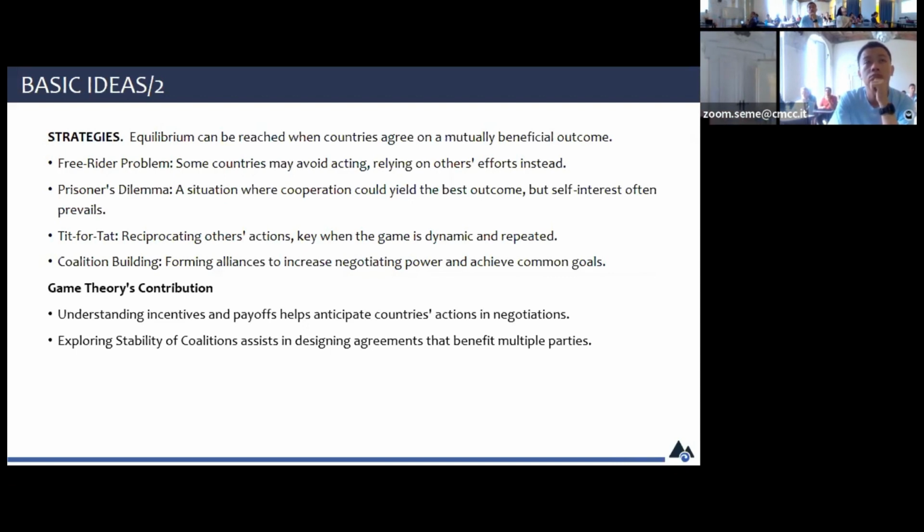Henceforth, we can better help build coalitions or allow some self-enforcing agreement to happen that is not necessarily shallow like some of the self-enforcing agreements we've seen so far.